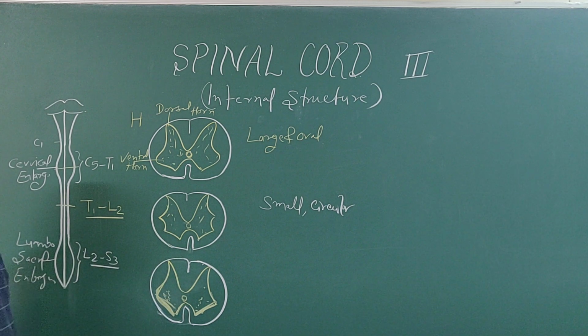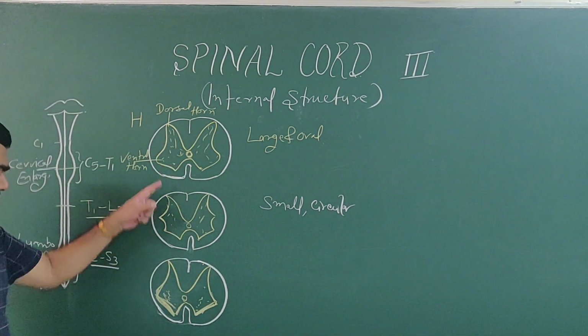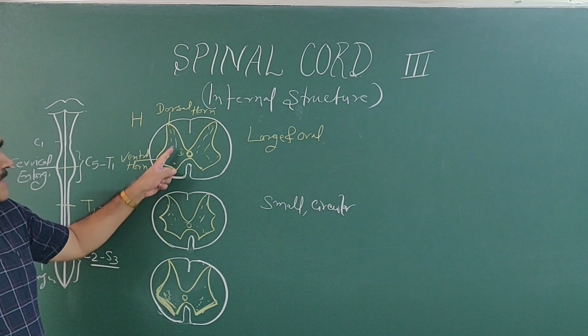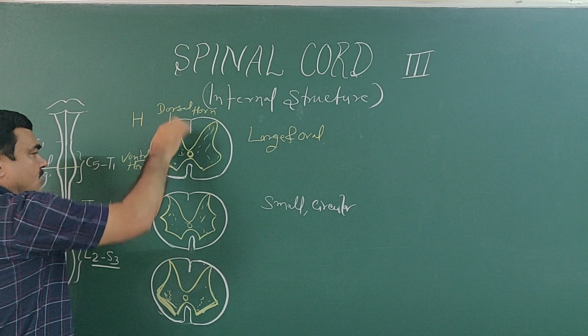And if you compare the gray matter of these regions, you can see here this is the dorsal horn, this is the ventral horn.